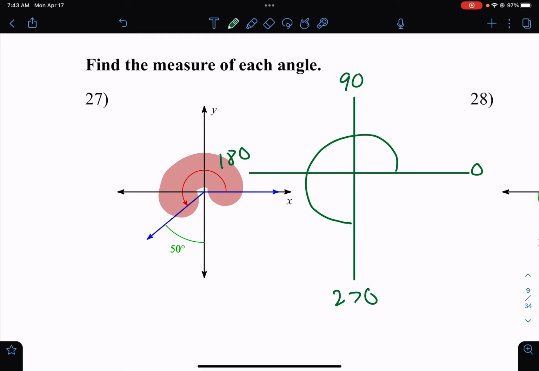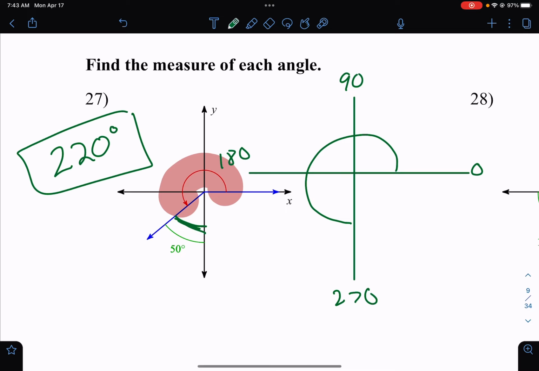Now, we didn't quite make it to 270. We are 50 degrees away from the 270. So to find the measure of this angle, we would just do 270 minus 50, which is going to give us 220.